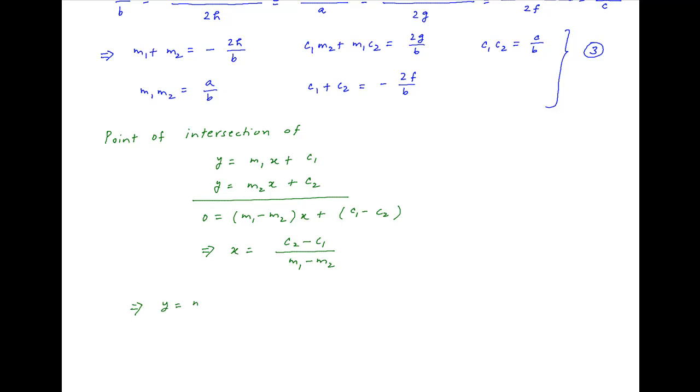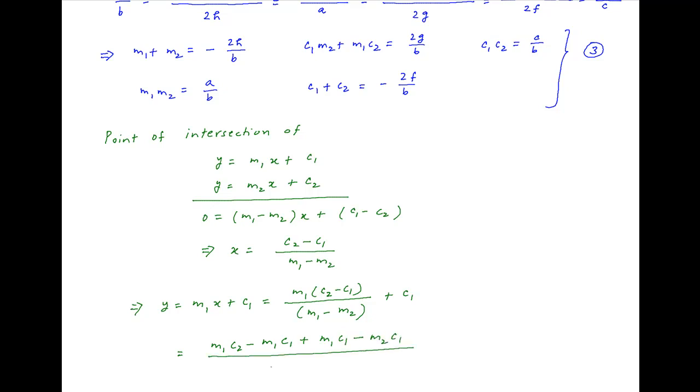Therefore, y, which is equal to m1x + c1, is equal to m1 times (c2 - c1) upon (m1 - m2) plus c1, which simplifies to (m1c2 - m1c1 + m1c1 - m2c1) divided by (m1 - m2).